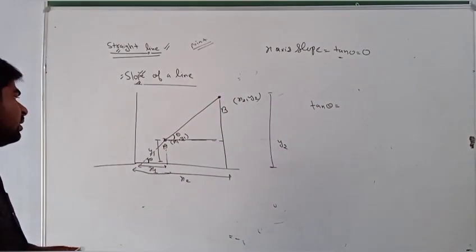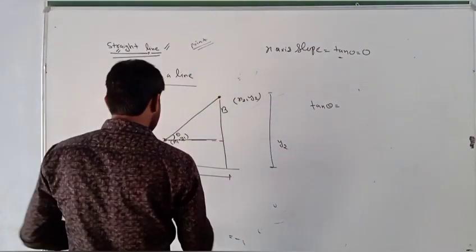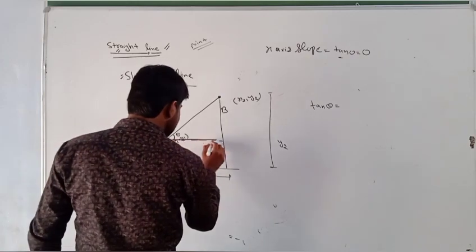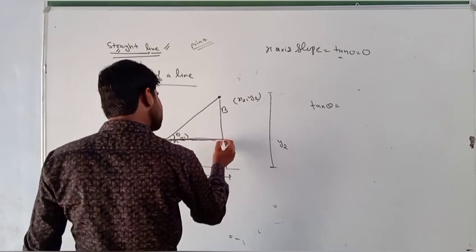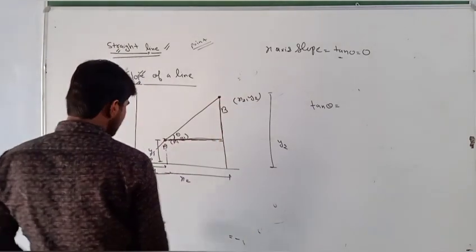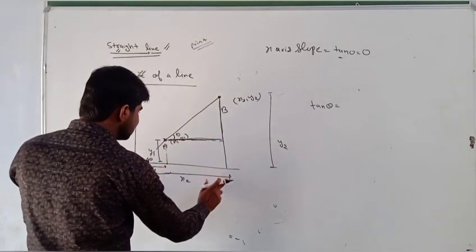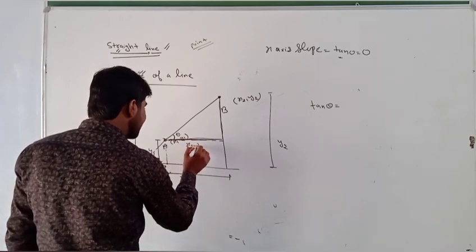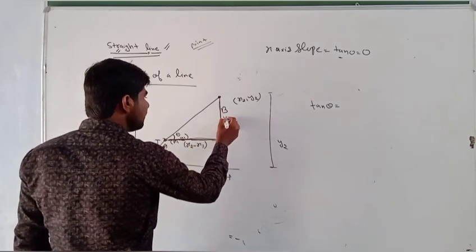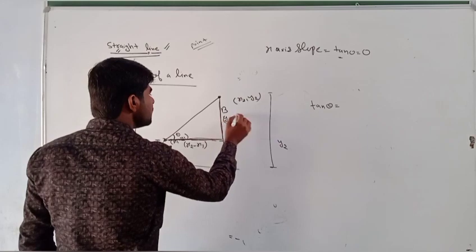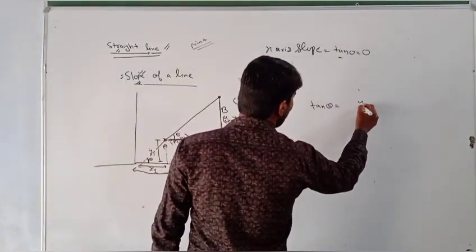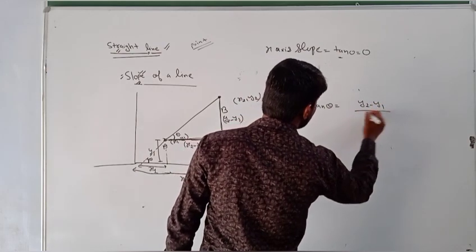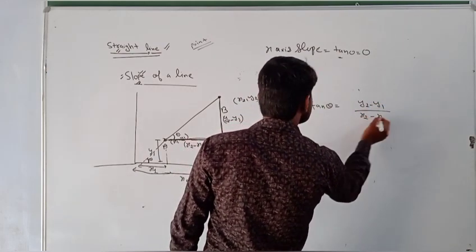For tan theta, we need two things: one is this base, and second is this perpendicular. This distance is x1, this is x2, so the base is x2 minus x1, and this will be y2 minus y1. So tan theta is perpendicular upon base, so y2 minus y1 upon x2 minus x1.